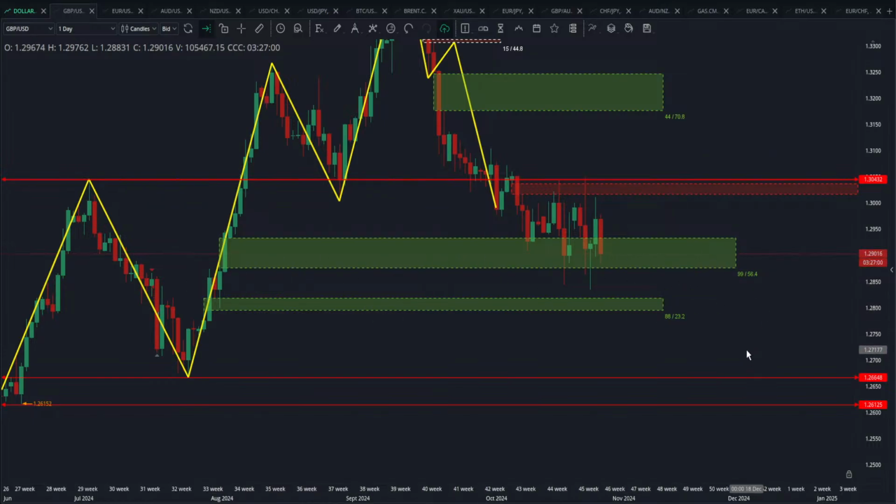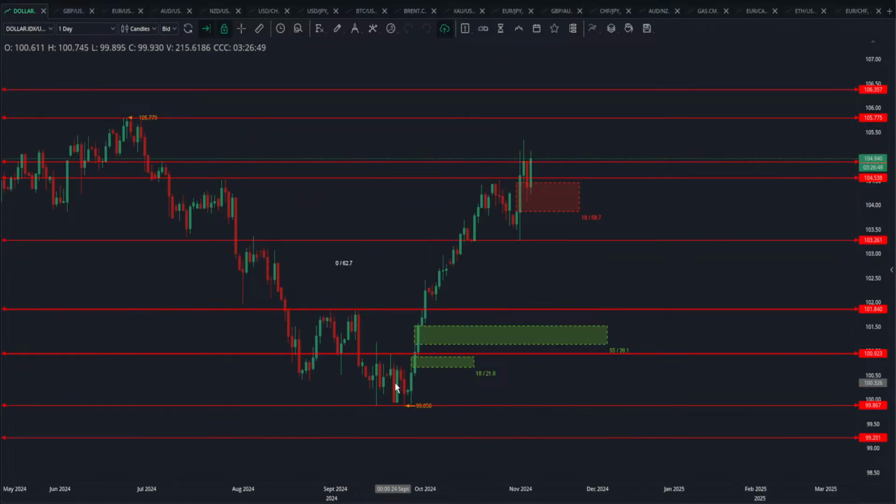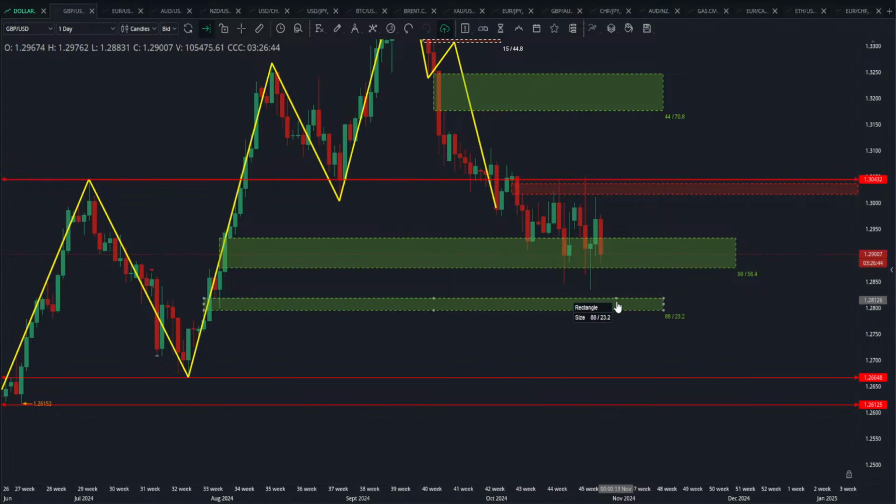So that's why we can say the bias is bearish, but the price has got stuck in the bullish fair value gap. Although I'm targeting these lows of 1.2664, seeing the bullish price action in the dollar index, how fast it is going upward, in the same way we are expecting pound to go down. At least 1.2664 is my expectation in this market.